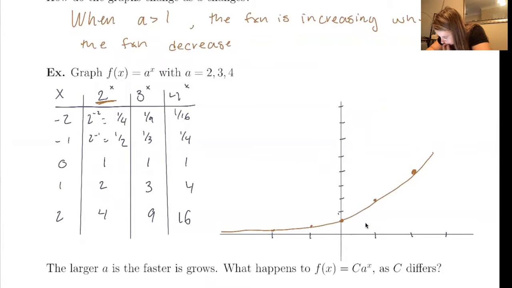Make that dot a little bit bigger. Beautiful. Okay, let's do maroon for 3 to the x. So again at 1, but then at 9 up here. But then 1/3, so then it's below, and then 1/9.